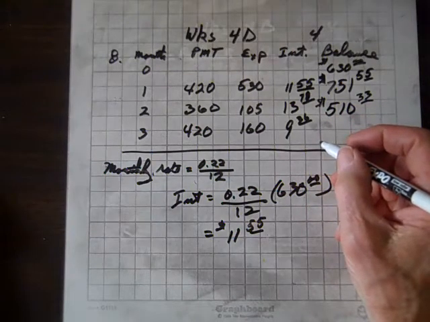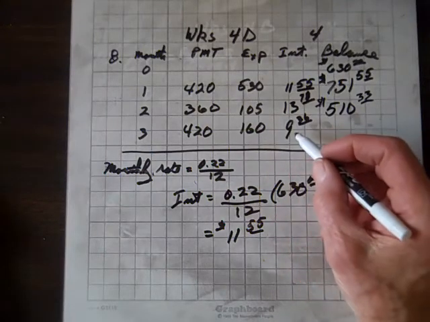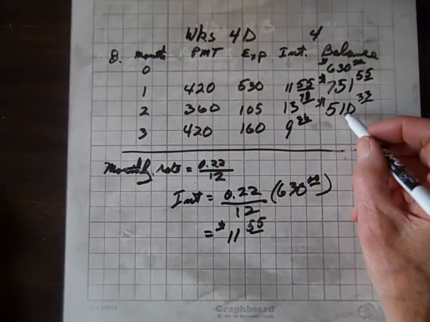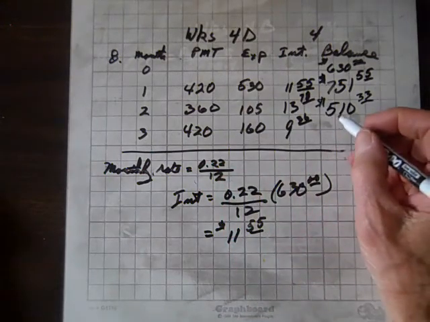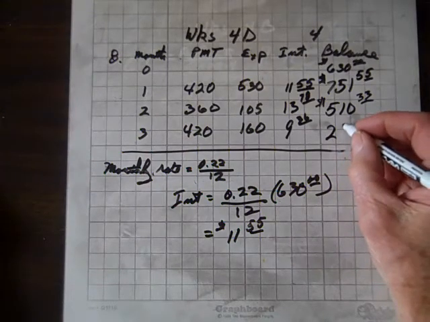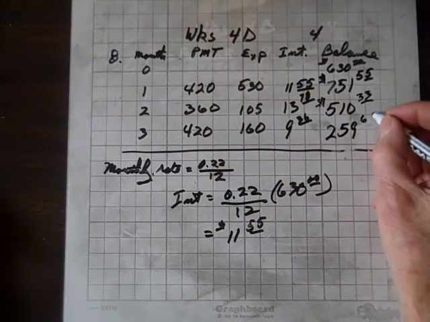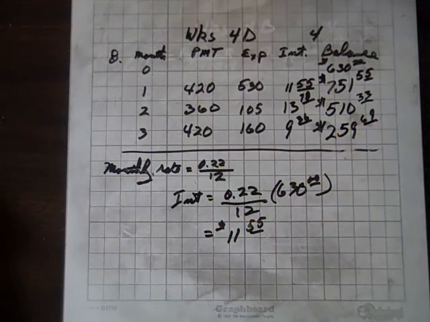Now, to find our new balance, we'll add the expenses, 160 plus the interest plus the balance. We'll add those values together and from them subtract our payment of $420, and that tells us that our new balance is $259.69.